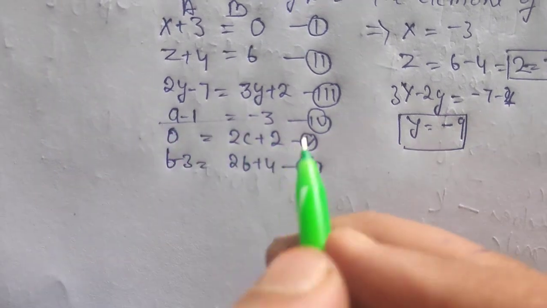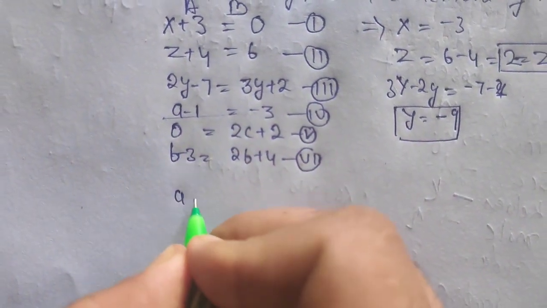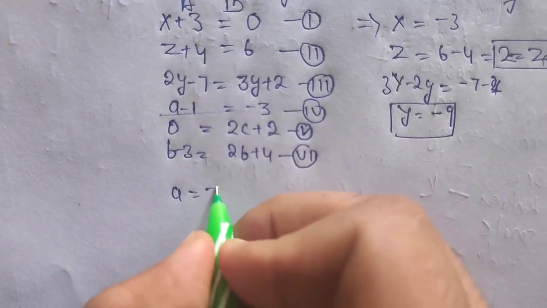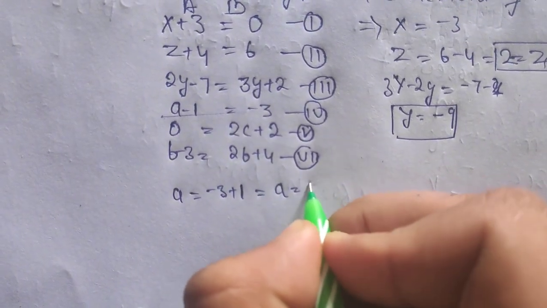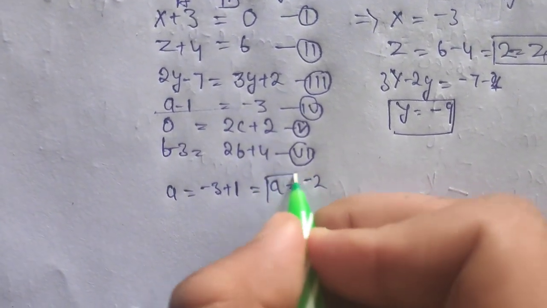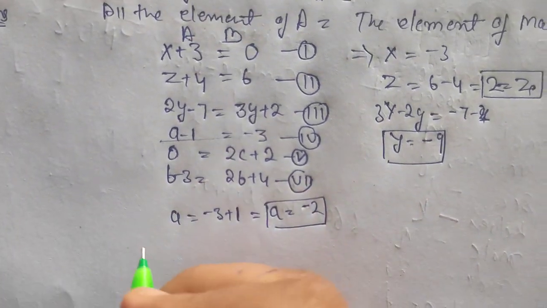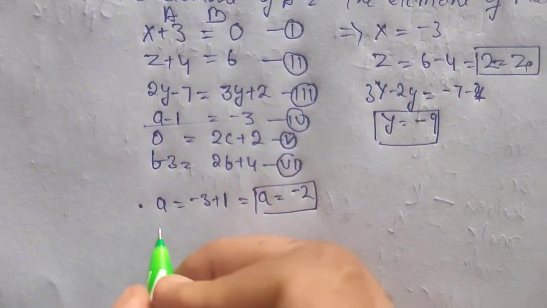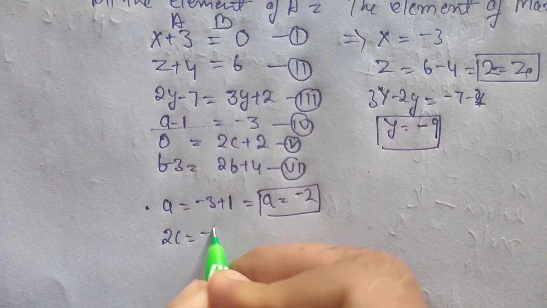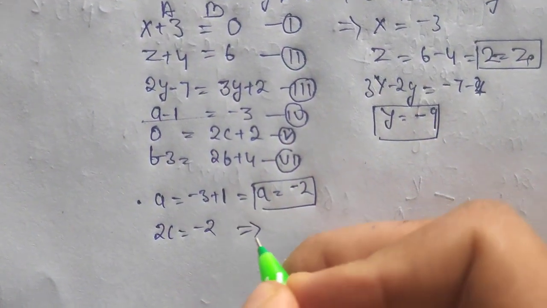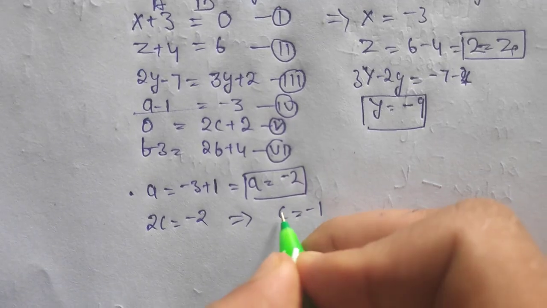And for equation 4, we get a is equal to minus 3 plus 1, so a is equal to minus 2. In equation 5 we get 2c is equal to minus 2, so this implies c becomes minus 1.